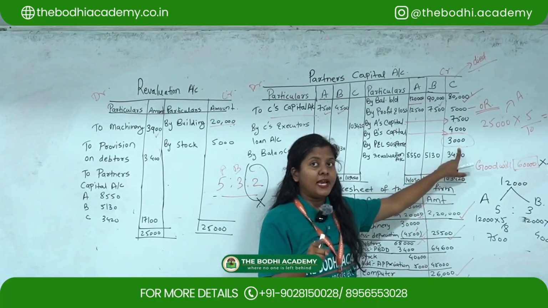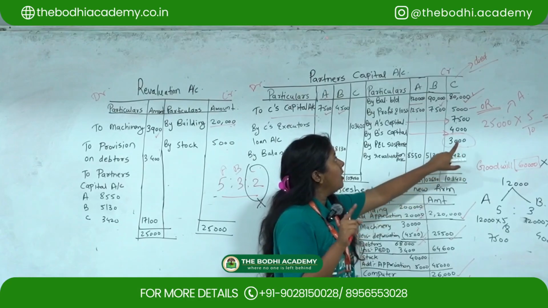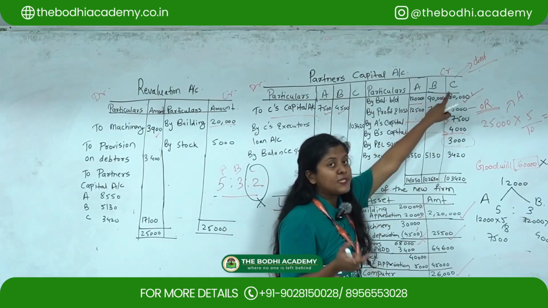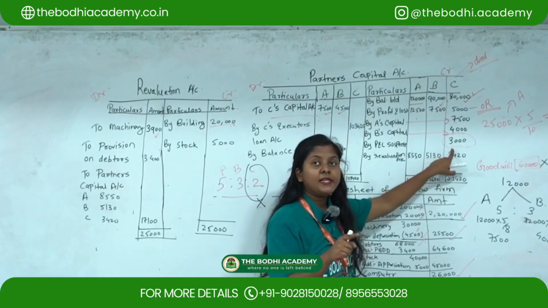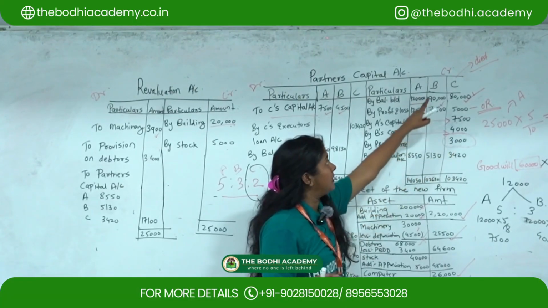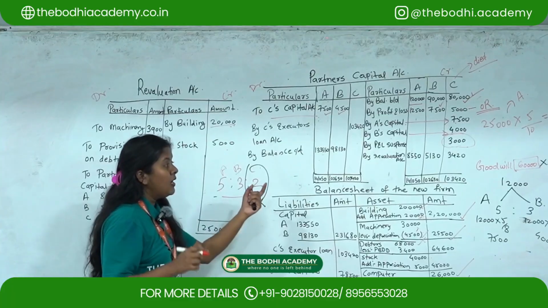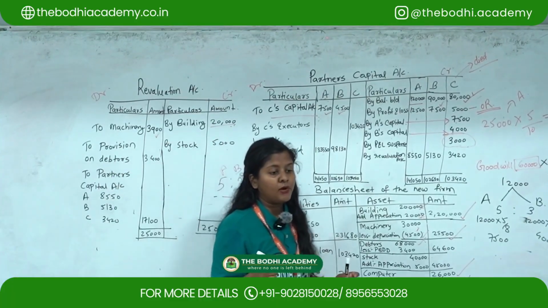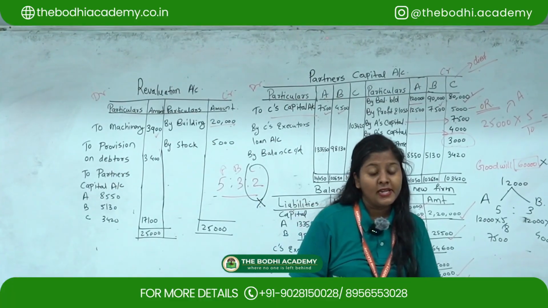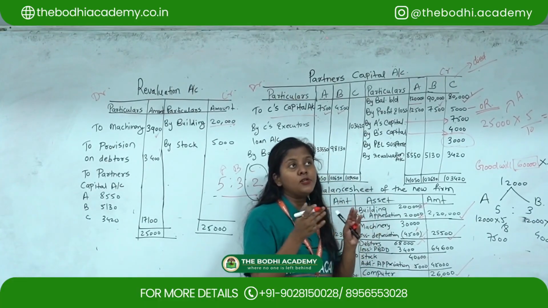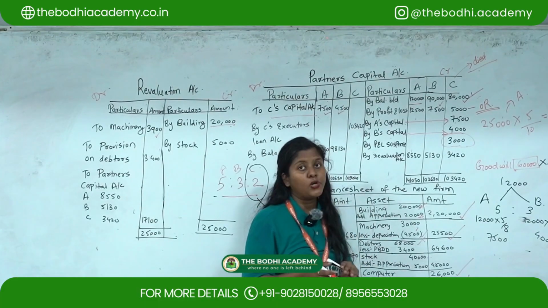For retirement and death, it is the same. So you have to take C's profit and multiply it by the ratio of the deceased partner, and multiply it by months. Now here he died on 1st October 2023, so from April to September you have to calculate.